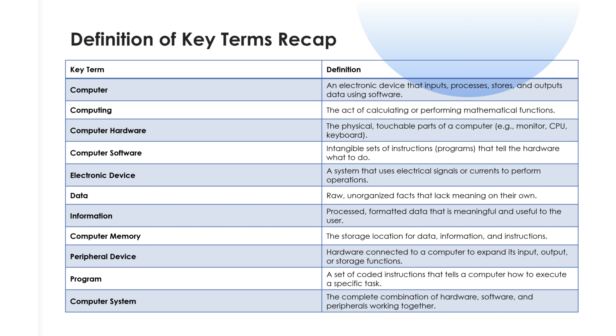A computer system is made of hardware and software. Software is made out of programs. A program processes data into information, and memory and peripherals support the whole thing. So it's not 11 random definitions, it's a connected picture.